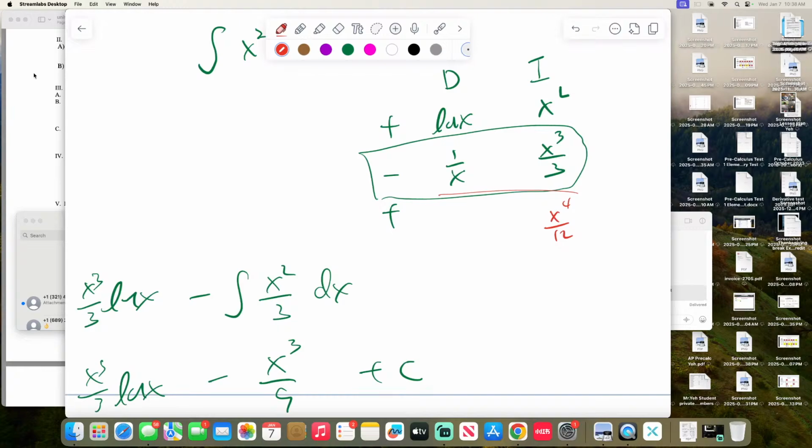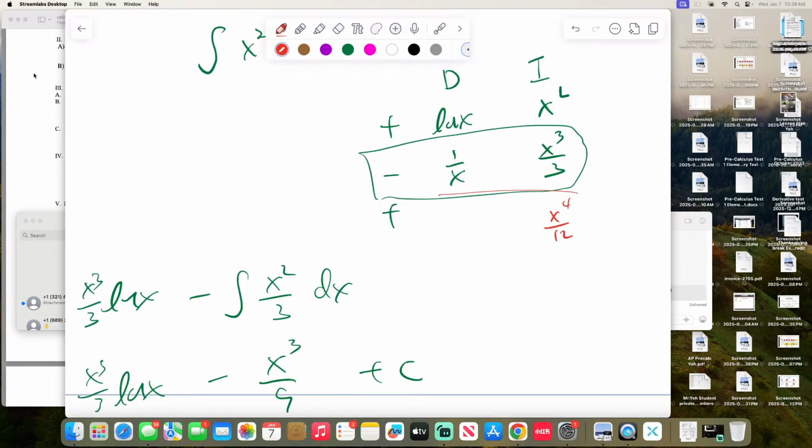Integration by parts is used for a combination of multiple different kinds of transcendental functions. Transcendental functions are logarithm, inverse trig, trig, and exponential. So I'm going to write them down in order.